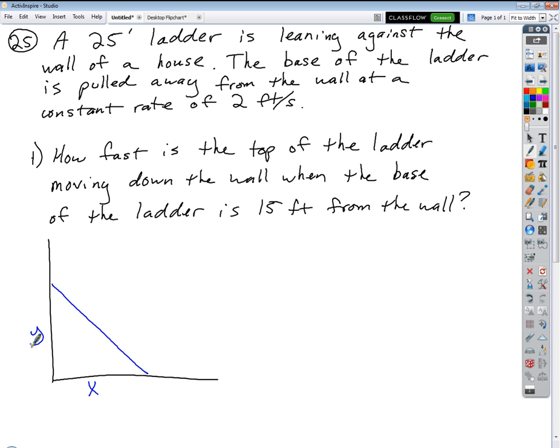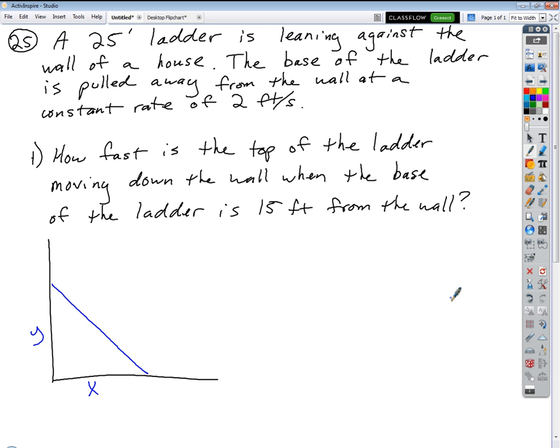Now what about the length of the ladder? Should I put a variable in for that too? No, we already know it. Good, I should not. I don't want to put a symbol in for the length of the ladder because here's my thinking. It's not like it's wrong to do this, but it's almost semi-wrong because it gives you the impression, when you look at the picture, that it's something that can vary.